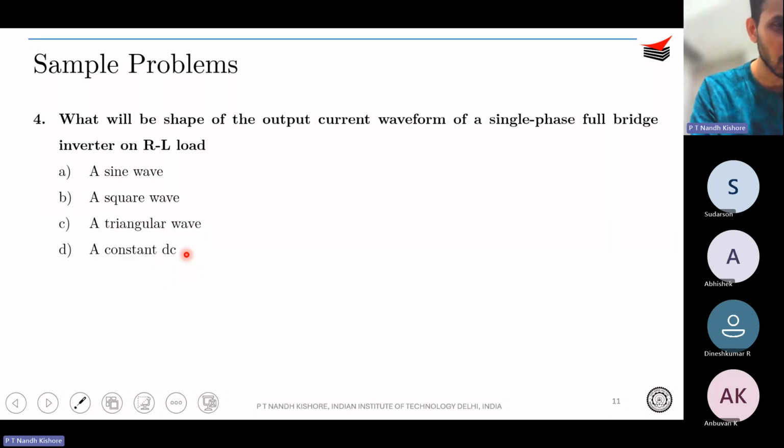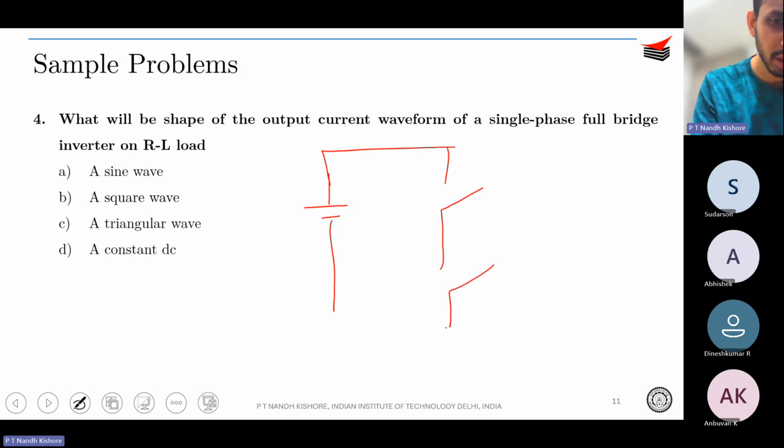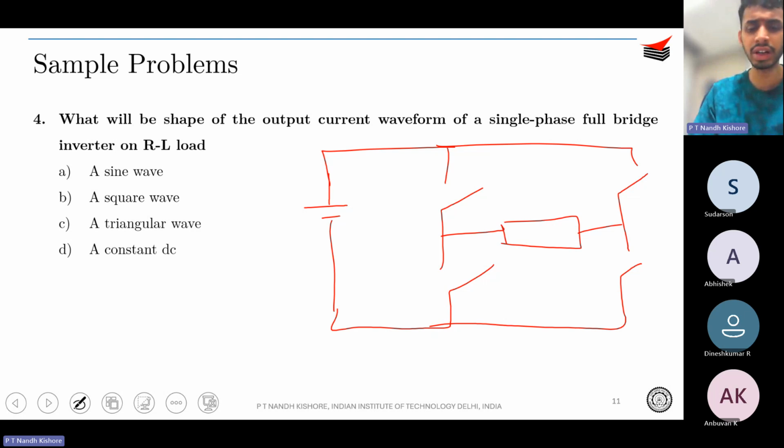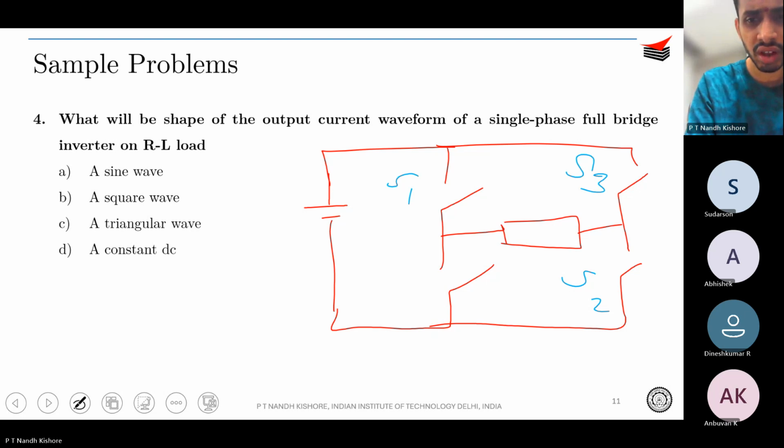Let me draw it. You have your two switches over here, then you have the load, and then again two switches over here, correct? You switch the devices in a complementary fashion, S1, S2, S3, and S4.